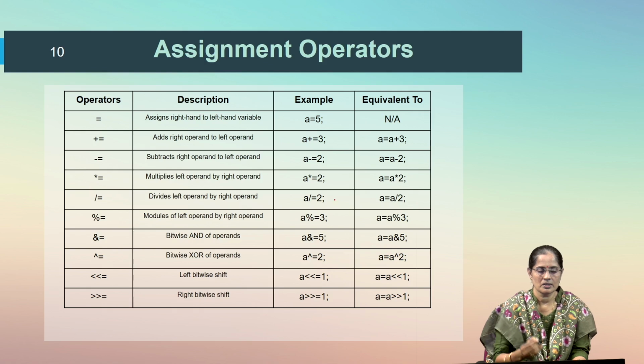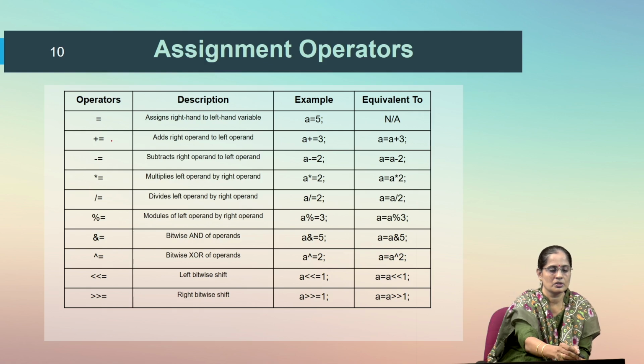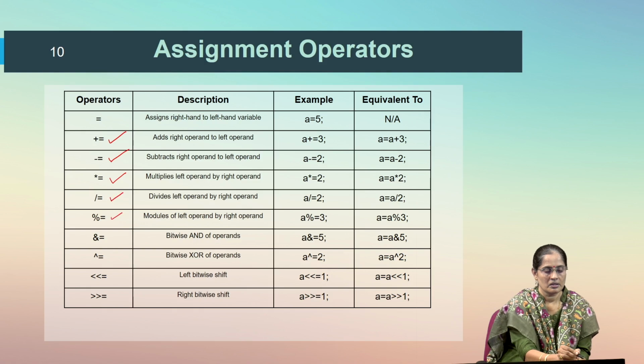Say for instance, the first few expressions are meant for applying arithmetic operations with shorthand assignment, that is plus equal to, minus equal to, asterisk equal to, slash equal to for division, and then modulo equal to for the modulo or remainder operator. Then we can take the bitwise operations, ampersand equal to.